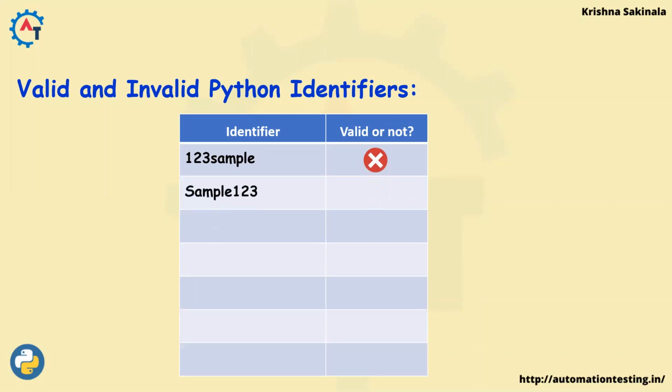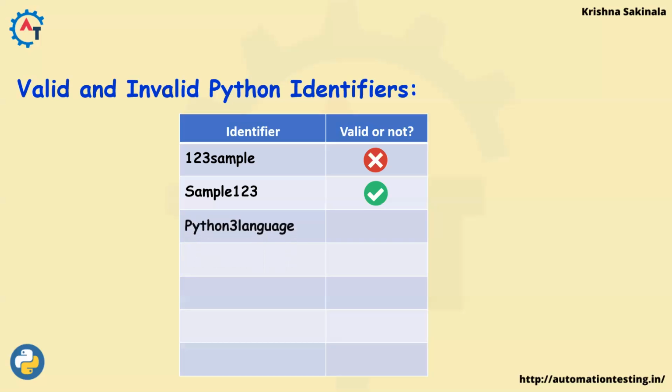But sample123 starts with alphabets, not with a digit, so it is valid. In Python 3, a digit can come in between the characters. It should not start with a digit, but it might be in the middle, so it's valid.